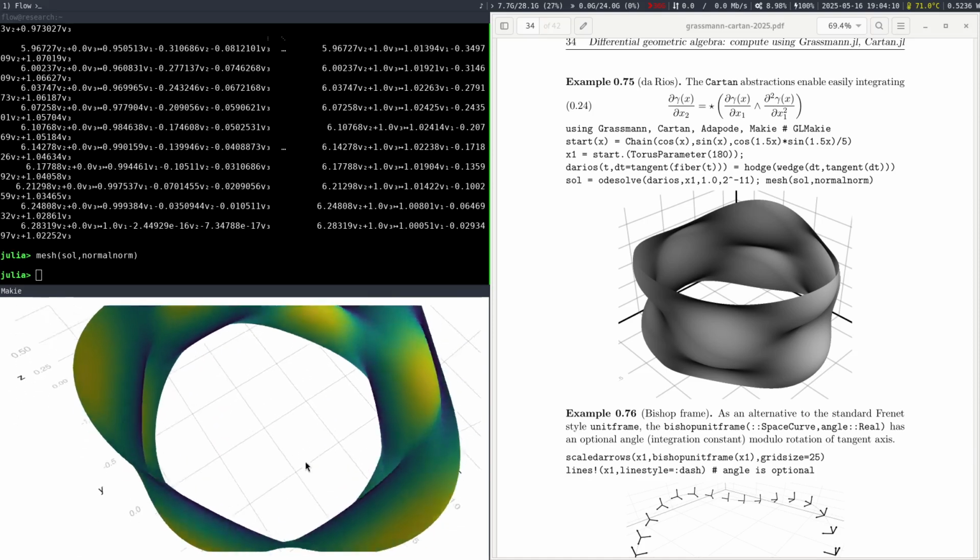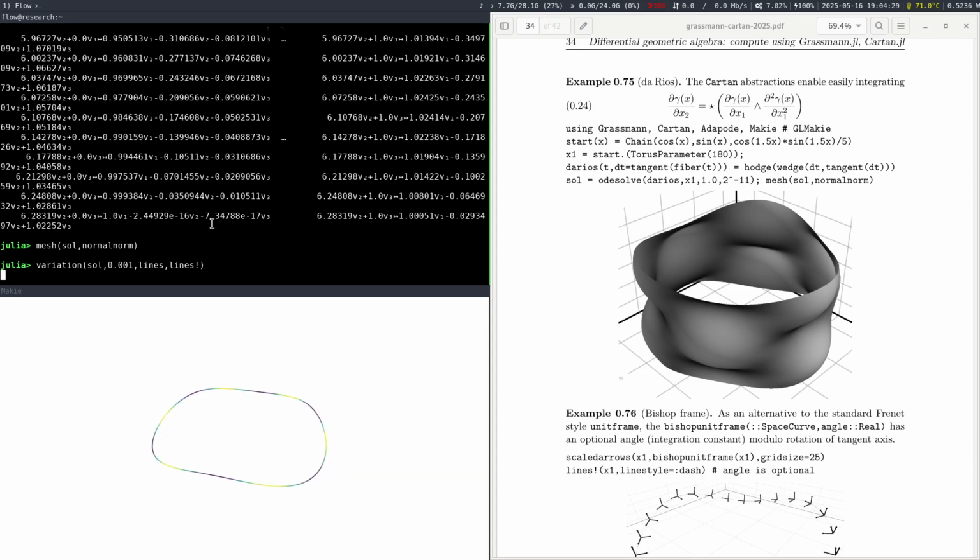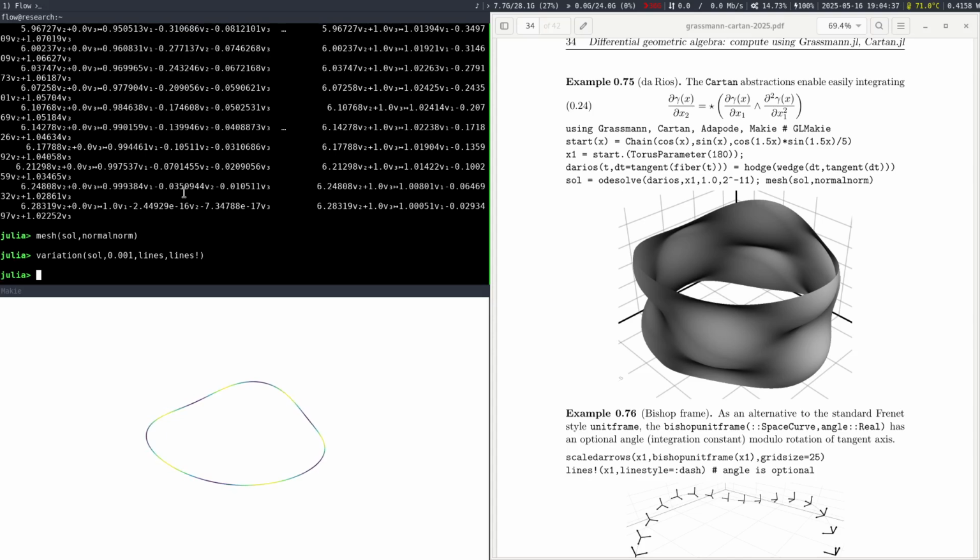It's a very nice little solution right there. One thing I didn't put into the paper, but you can do here is, so there you go.